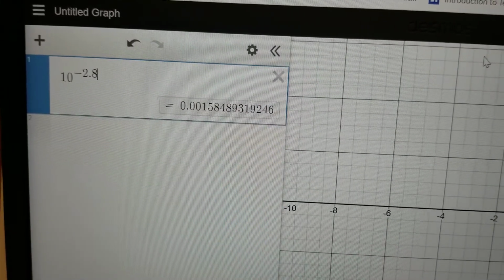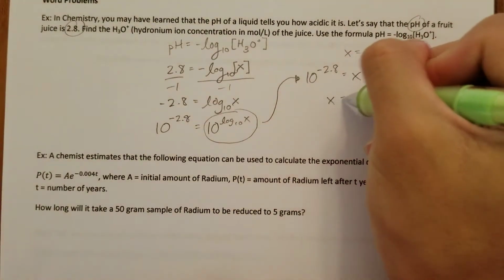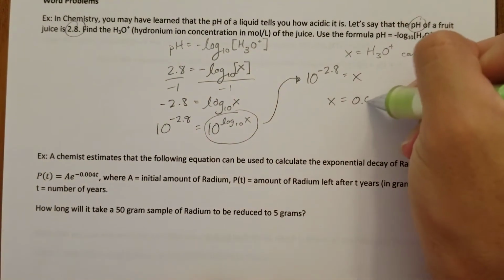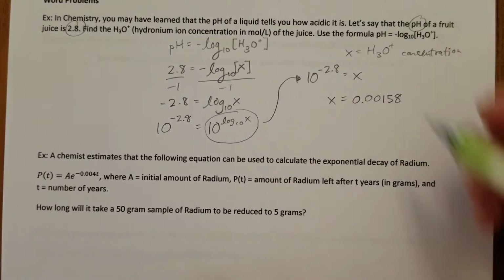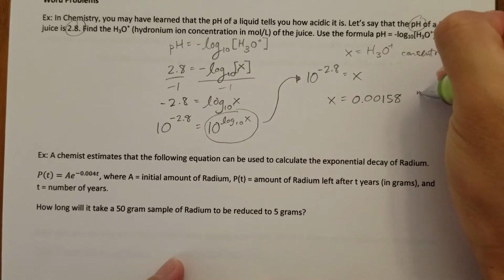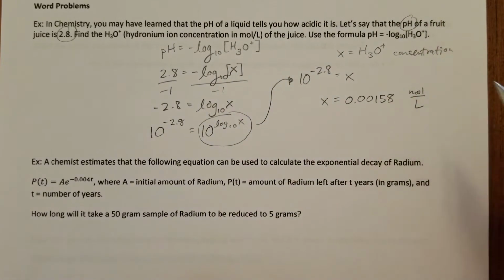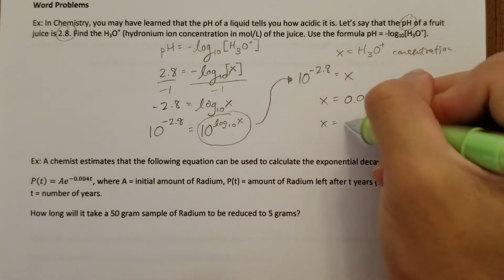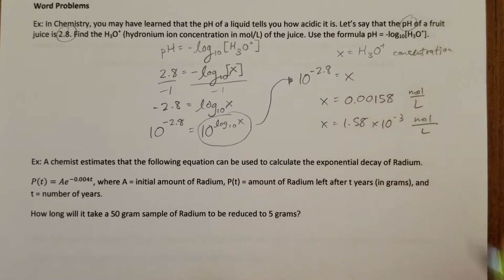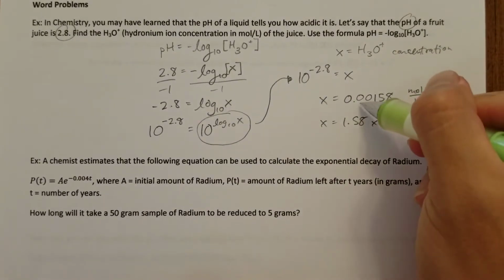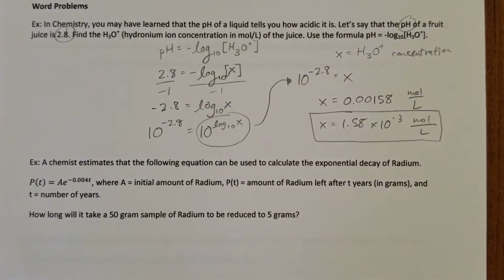If you do that correctly, x is going to equal 0.00158, and that's how many moles per liter you have of the juice. In scientific notation, you might see something like this. Whichever one works. Just like that.